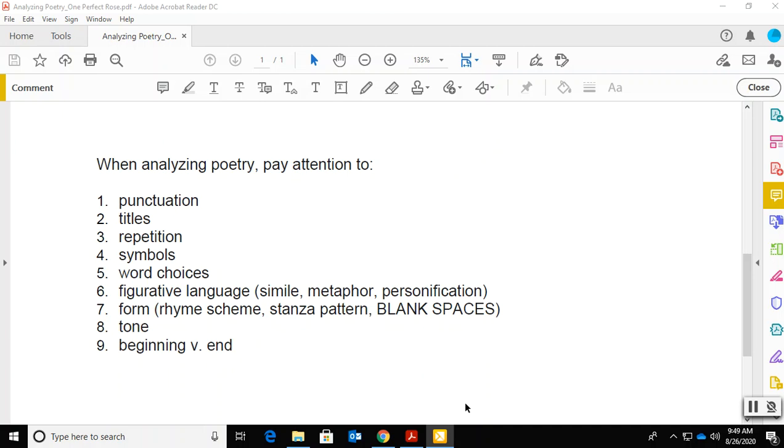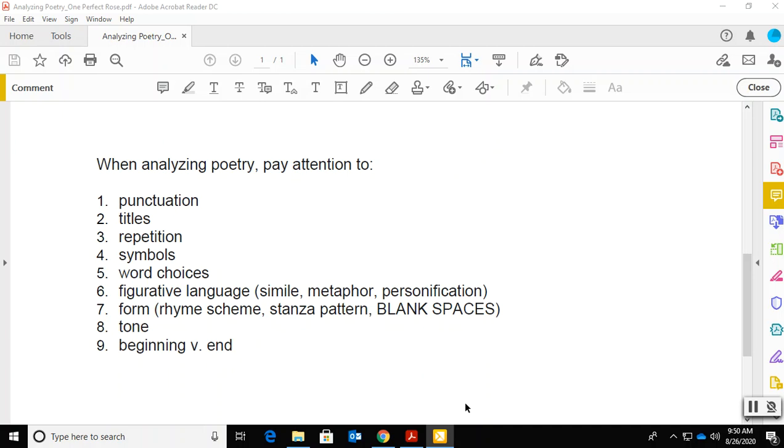So we are going to pay attention to these 9 elements. The punctuation of a poem, the title of a poem, any repetition that we see, repeated words, repeated phrases, repeated patterns, symbols, any object that is representing something else, word choices.